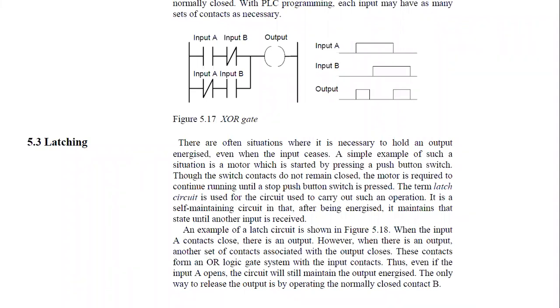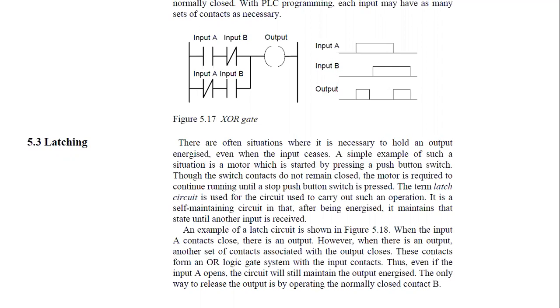When there is an output, another set of contacts associated with the output is closed, and these contacts form an OR logic gate with the input contacts. Therefore, even if input A is opened, the circuit will keep the output energized, assuming that input A is the push button switch that you're talking about. So even though input A is open, the circuit will keep the output energized.